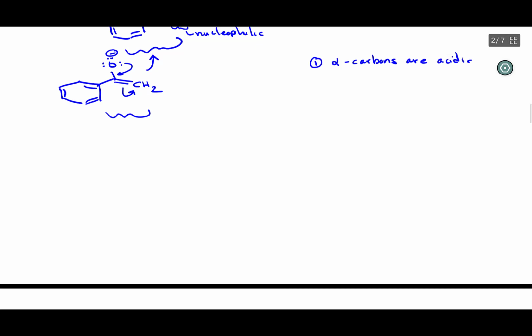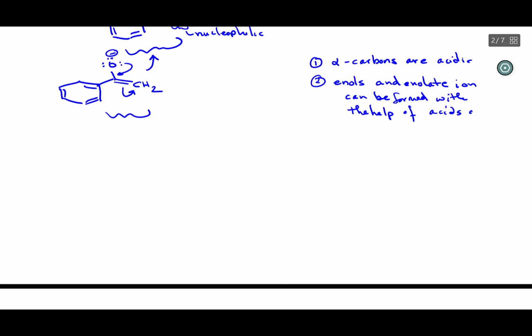Part of what that leads to is we have enolates, enols, and enolate ions. An enolate is an ion, right? These can be formed with the help of acids or bases.